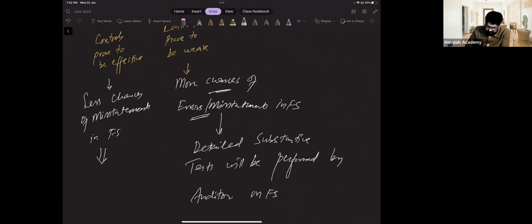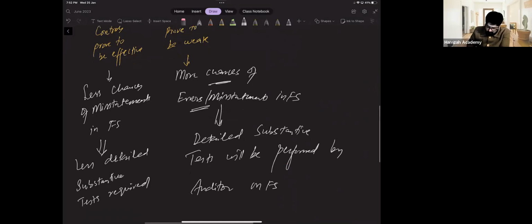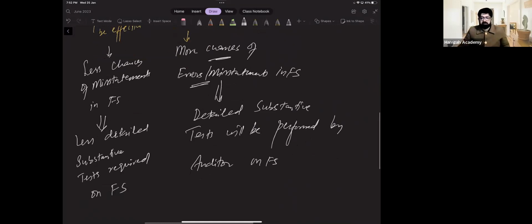Here, less detailed substantive tests are required on financial statements.